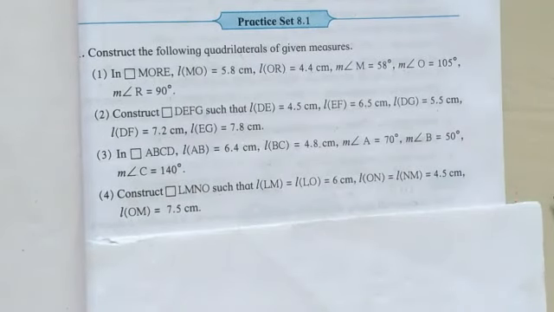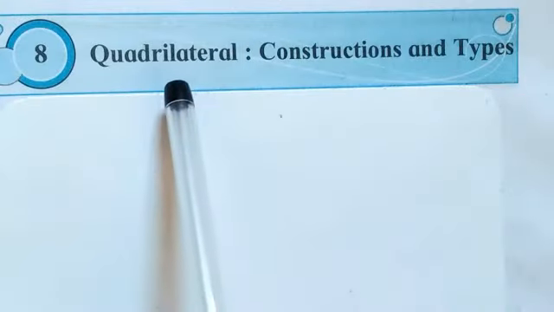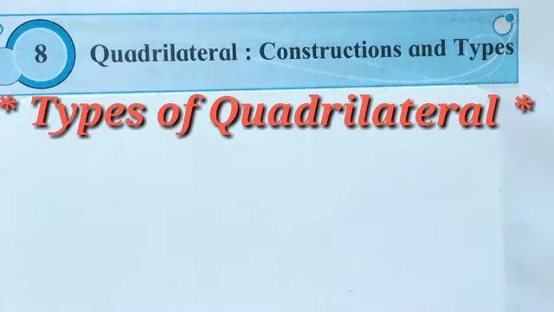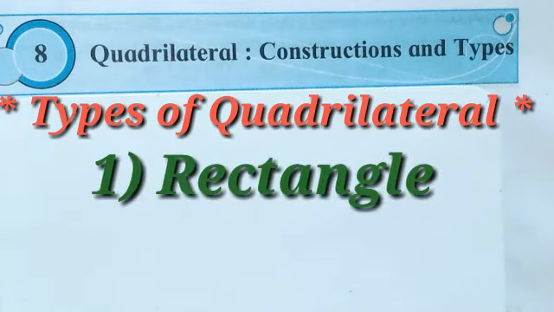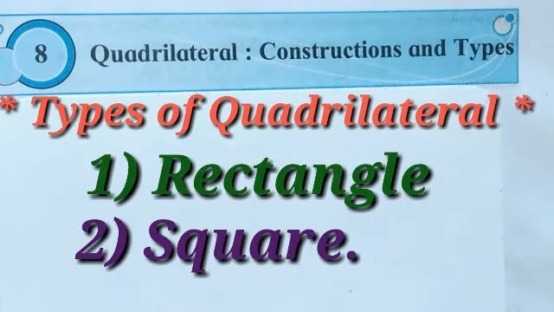Like this way your practice set number 8.1 is completed. Now we are going to see the types of quadrilaterals. As in our earlier standard, we have studied the two basic types of quadrilaterals, that are square and rectangle. But rather than that, there are also many types of quadrilaterals that we are going to see in our unit number 8.